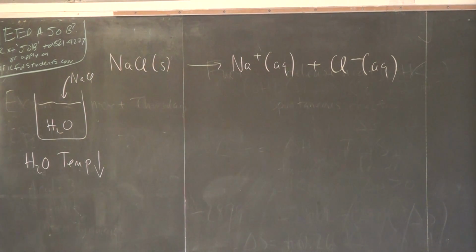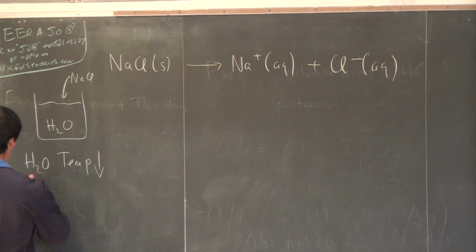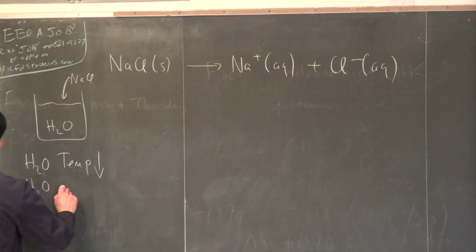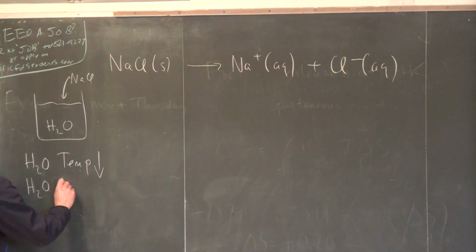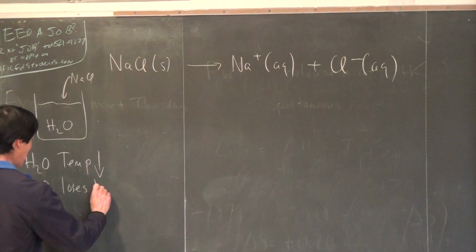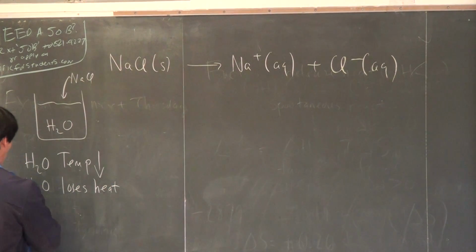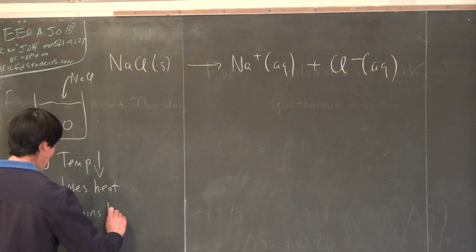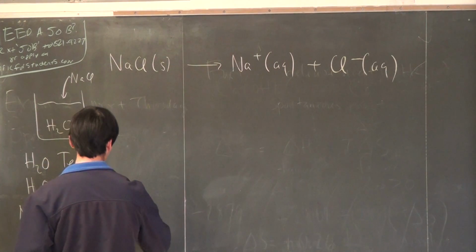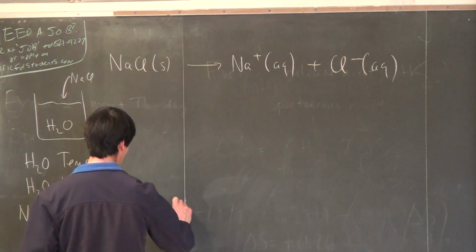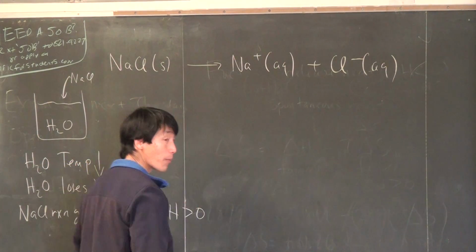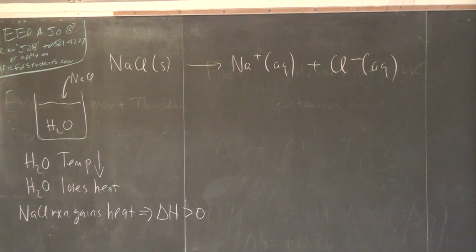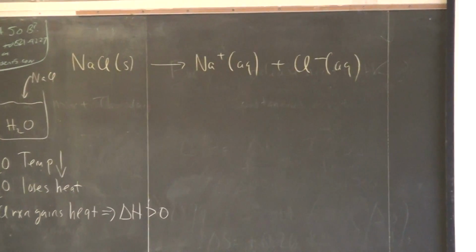So this means that the H2O loses heat, and then the NaCl reaction gains heat, which means that delta H is greater than 0. Let's take a look at this reaction. So for part B, is this reaction exothermic or endothermic?